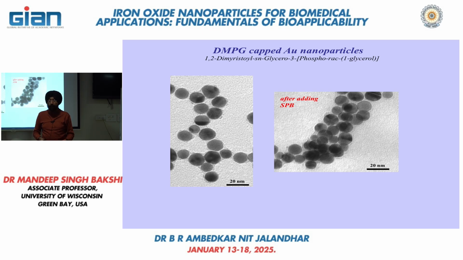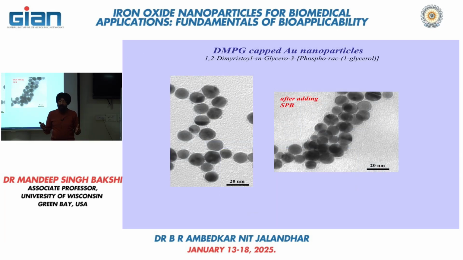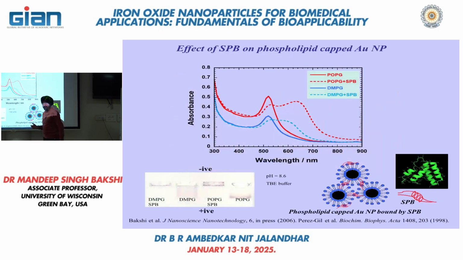I mean to say that suppose if you want to see that there is an aggregation here or there is aggregation here, then what is the easiest technique? The transmission electron microscopy which I am showing over here, probably it is not available everywhere and it's not that easy to instantaneously get the image of the sample. But what is much easier to perform? That is the UV visible spectroscopy. So everywhere you have the visible spectroscopy.